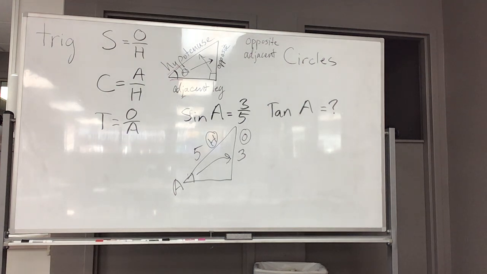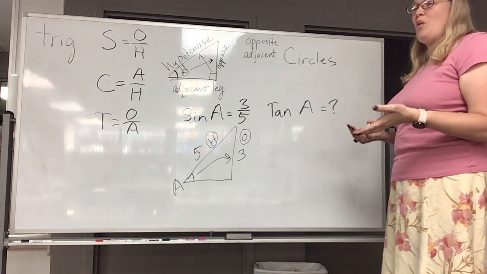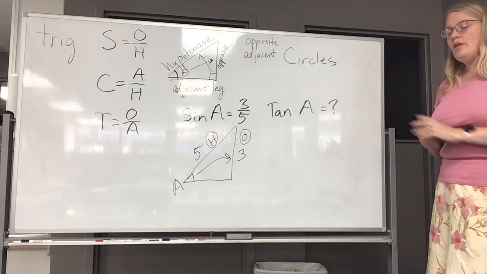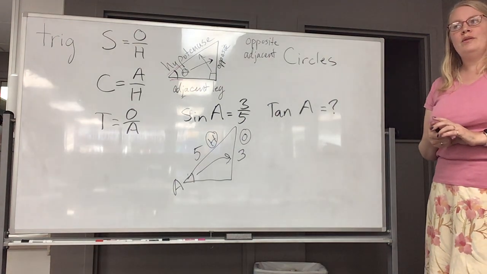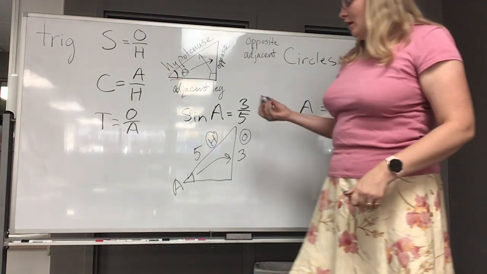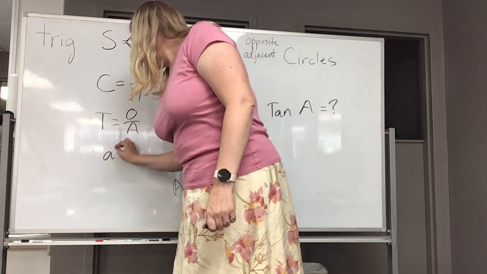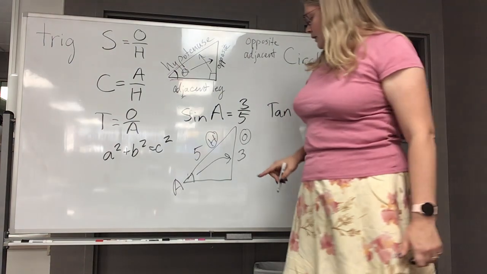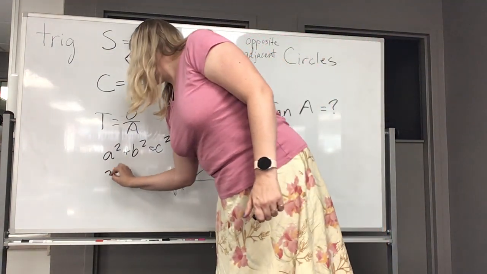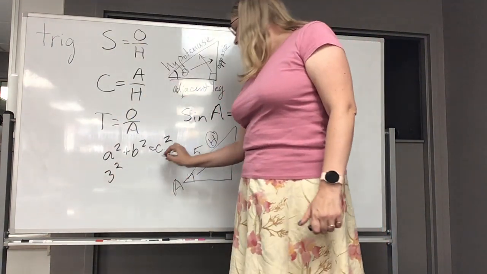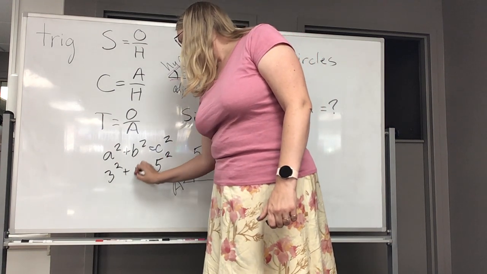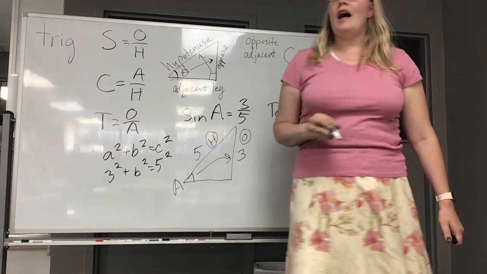Again, I'm hammering home these 3, 4, 5 relationships because they do truly show up a lot. But if you didn't know the 3, 4, 5 relationship, you would be setting up a Pythagorean theorem that said a squared plus b squared equals c squared, and my a squared is 3 squared, and my c squared, my hypotenuse, is 5 squared, and we'd be solving for the unknown side.